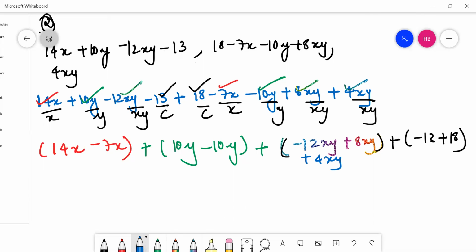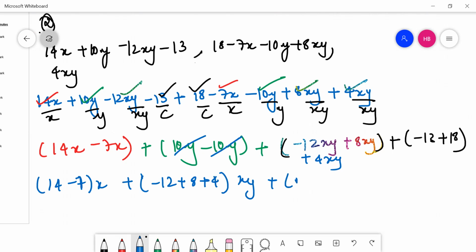So finally, since I have grouped them together, now you know what we have to do. We have to take the coefficients of each variable term and add them together. So it would be 14 minus 7x plus 10y minus 10y will give me 0, minus 12 plus 8 plus 4xy, and minus 13 plus 18.